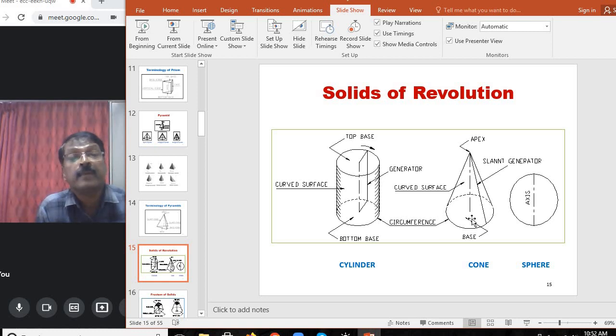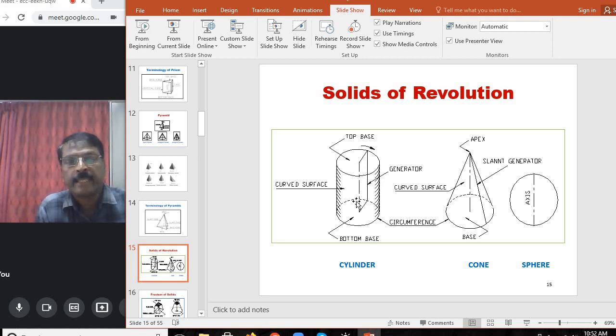Then the other forms of solids, that is called solids of revolution. The cylinder, cone and sphere, these are all the solids that come under solids of revolution. Why is it called solids of revolution? Consider the first figure, cylinder.